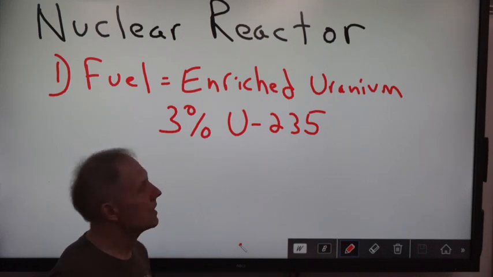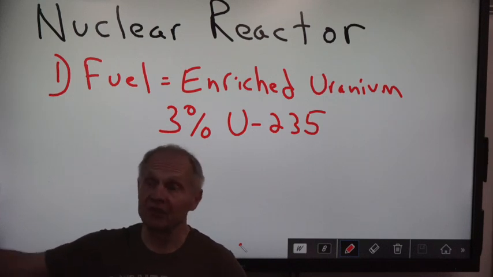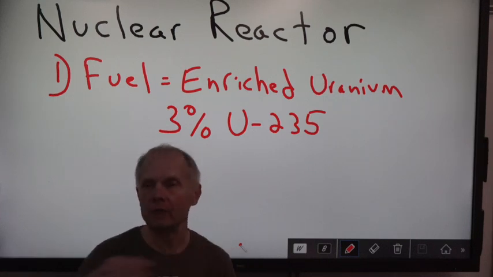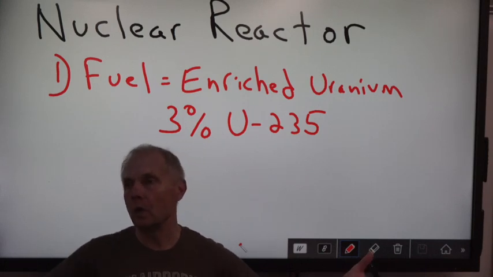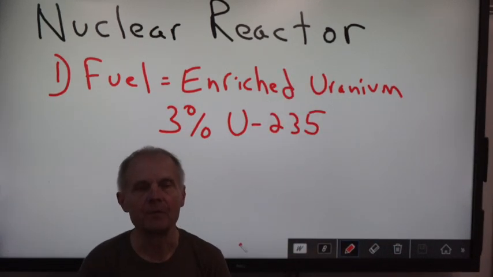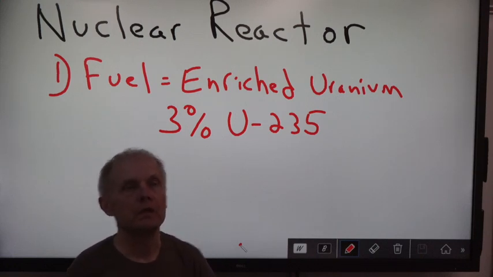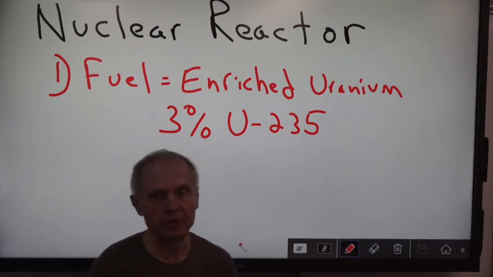Okay? Now, think about this, because they have sometimes thousands of these aluminum tubes going horizontally through a classroom or a core that's 2 stories high. Okay? Now, so that is the fissionable uranium-235 at 3%.